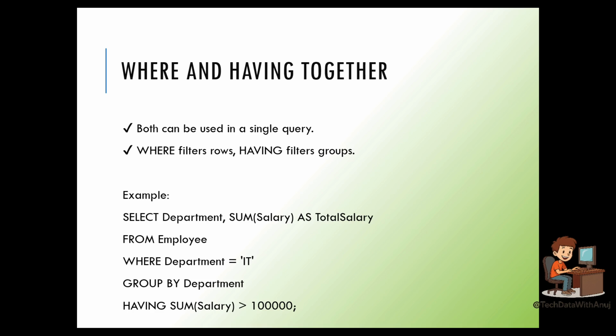So here, select department, sum salary, where department is IT, means first we filter the department and after that we check the salary of that department is greater than 1 lakh. So friends, we can also use WHERE and HAVING together.